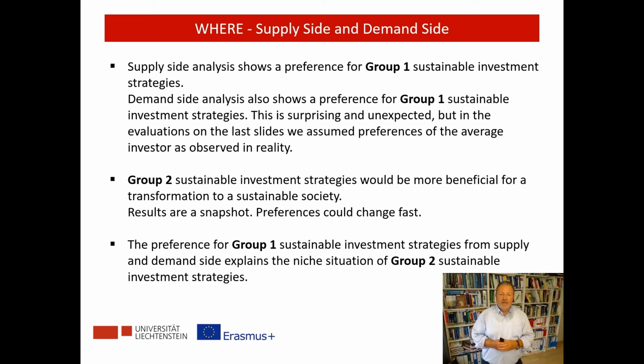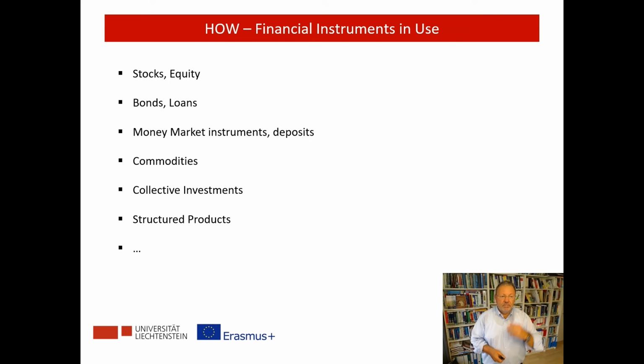And ESG or best in class and so on are extremely strong, because they are preferred from both sides, from demand side and from the sell side at the moment. Good. We go to the question how. How can we invest? And that's easy. So we invest in stocks, equity, in bonds or loans, money market instruments, deposits, commodities, collective investments, mutual funds, structured products, and more, of course.